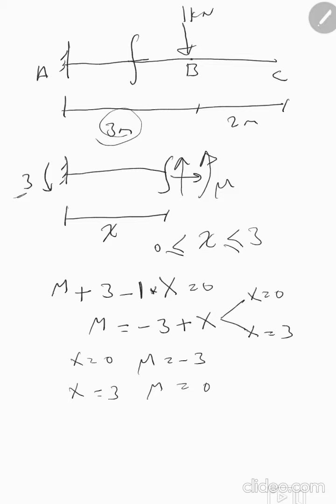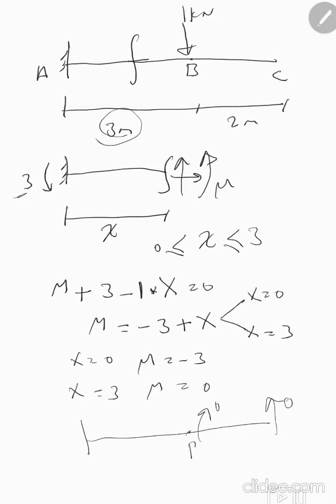And the other part is B and C. It will be 0 because we don't have any support. So the figure looks like this. For moment, here it will be 0, and here 0.